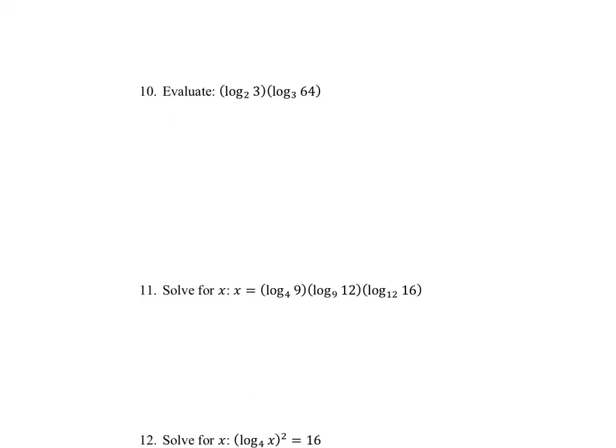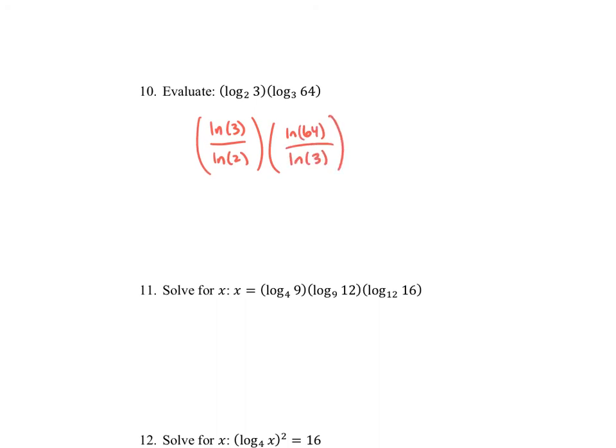Okay, so for number 10, this one's a little tricky. What I would do here is change each of these to a natural logarithm, by change of base. So I would do natural log of 3 over natural log of 2, and then we're going to multiply that by the natural log of 64 divided by the natural log of 3.